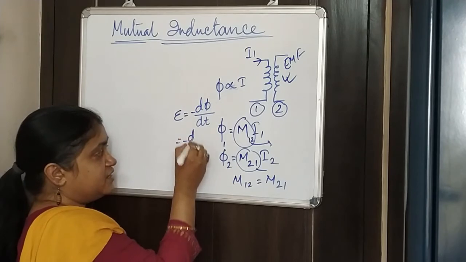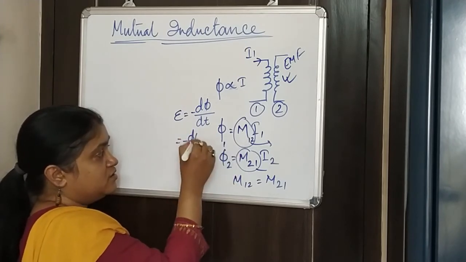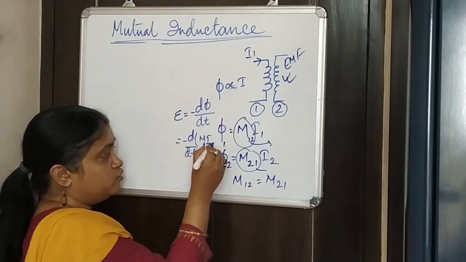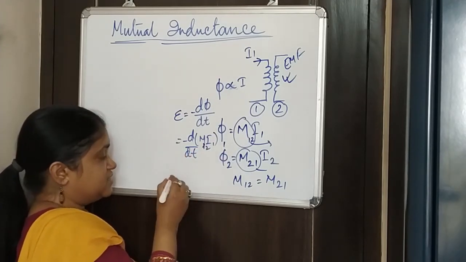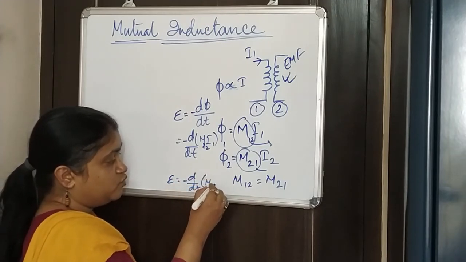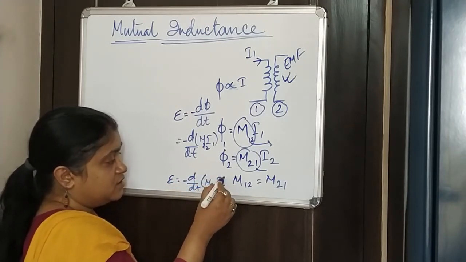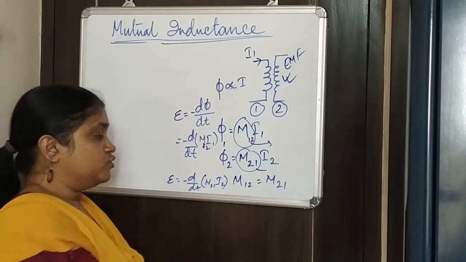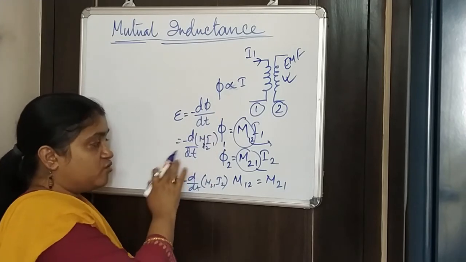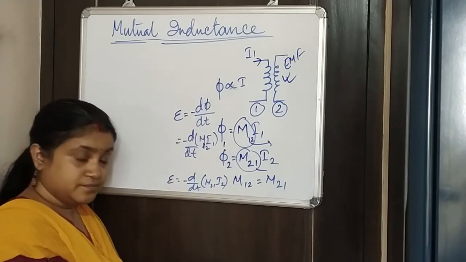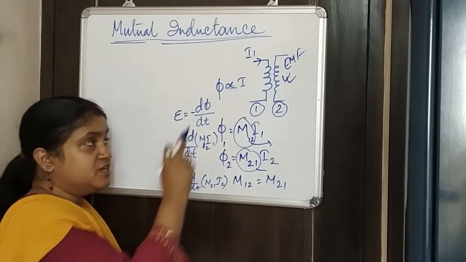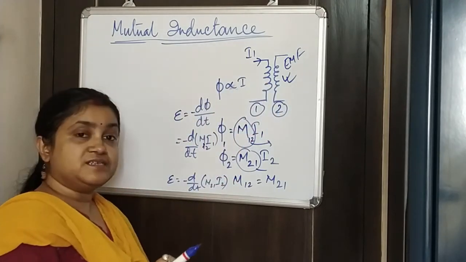So we write d dt of M12 I1, or in this case d dt of M21 I2, right? This is the formula for the EMF produced in the primary and the secondary coil.